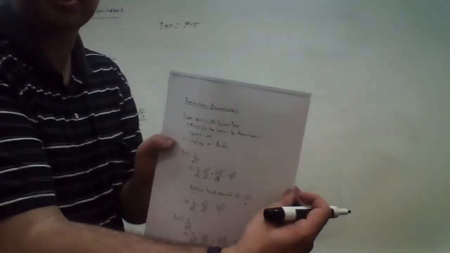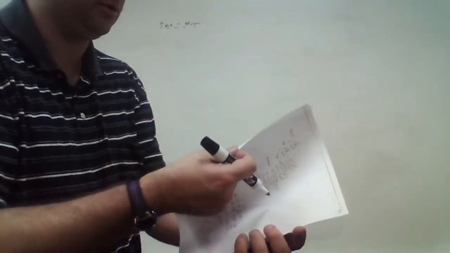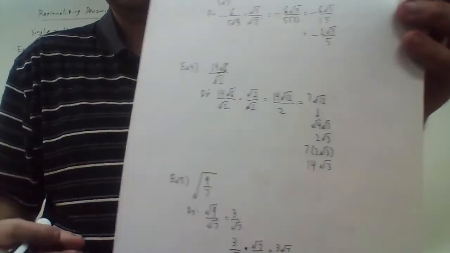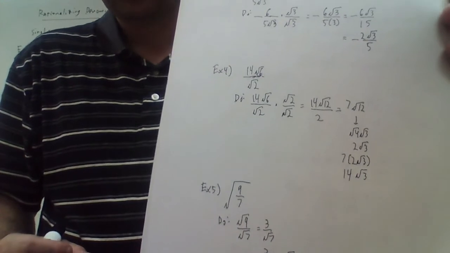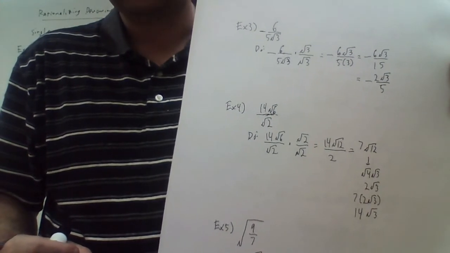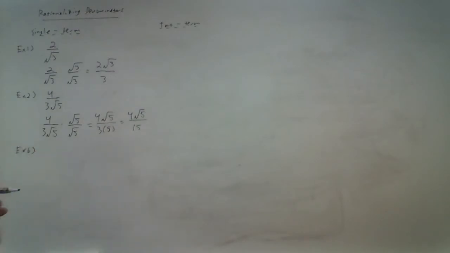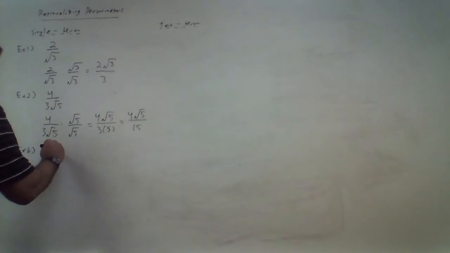On the next page, there's examples 3, 4, and 5. We're going to talk about example 6, which is not on there. Example 6, not on paper.